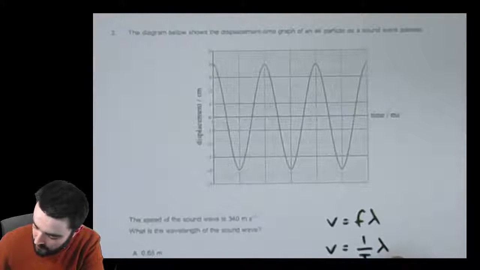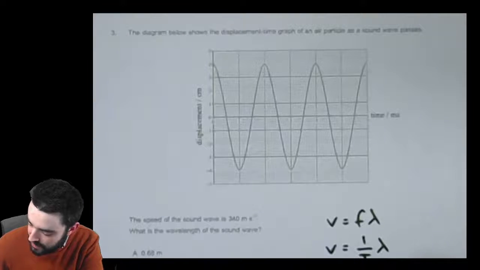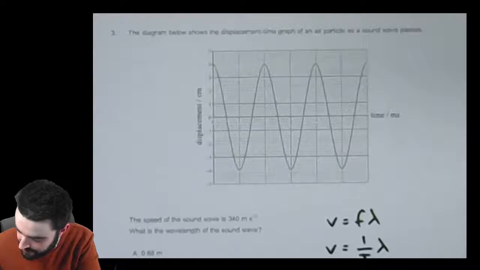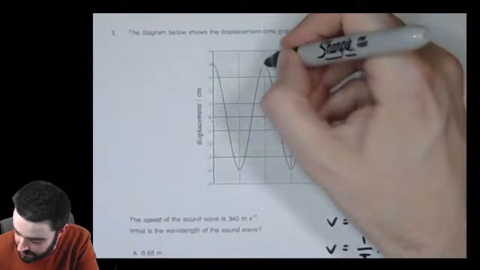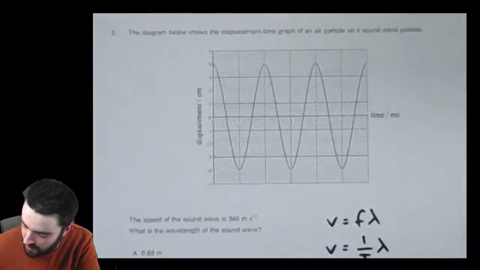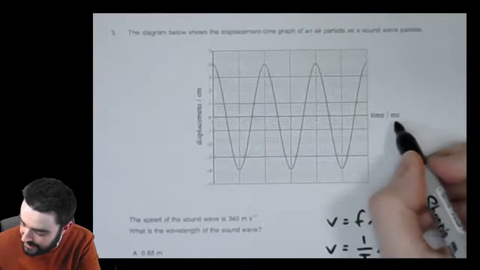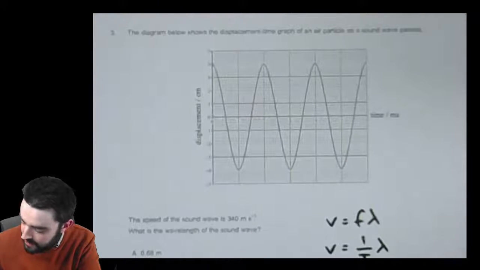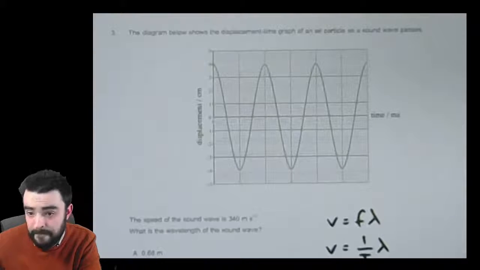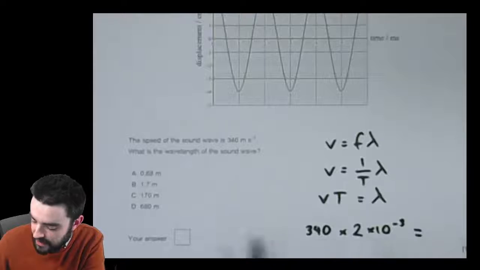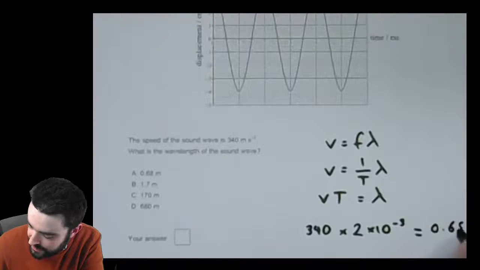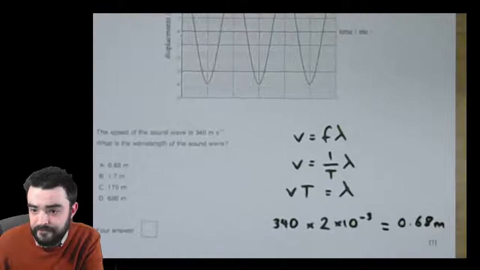So we know 340 times, we can work out what our time period is going to be. From peak to peak or trough to trough, so one peak to a second peak, it is 2 milliseconds, so 2 times 10 to the minus 3. So that is then going to be equal to 0.68 meters.